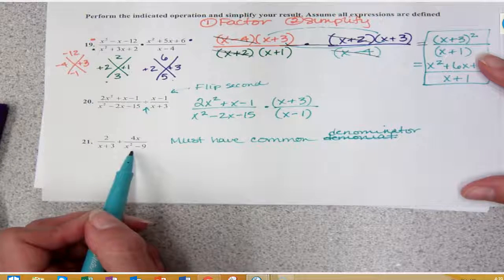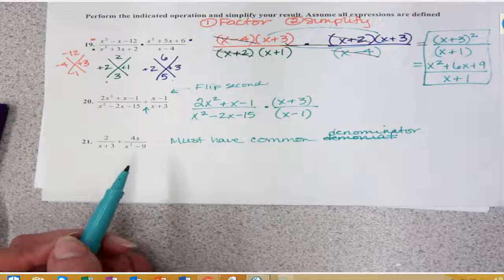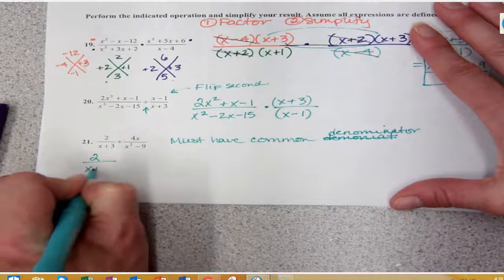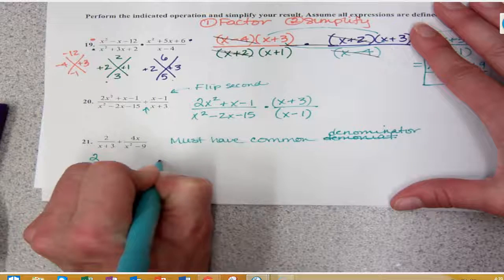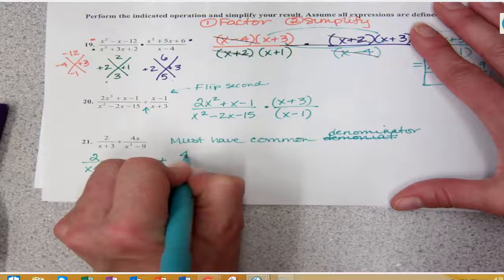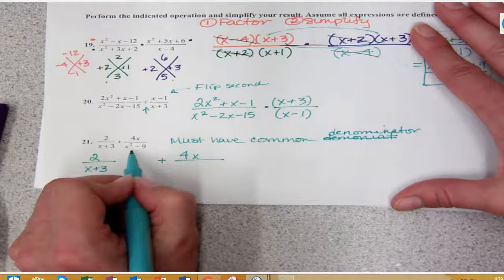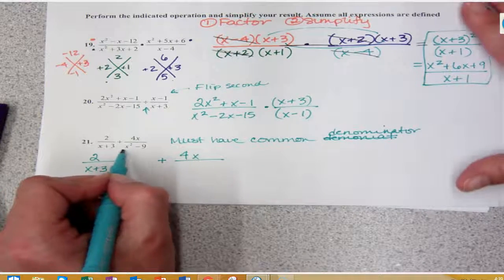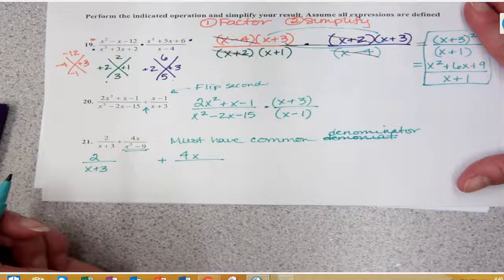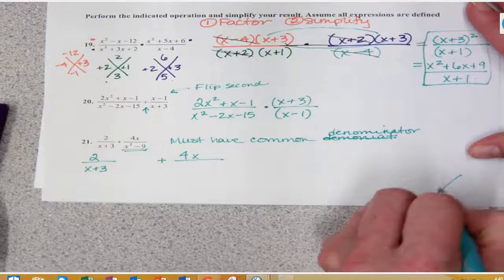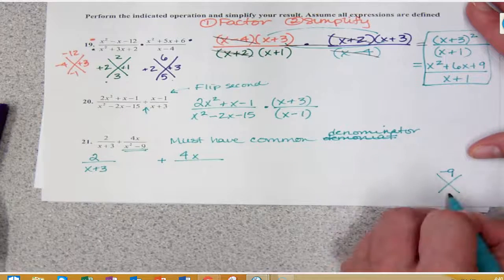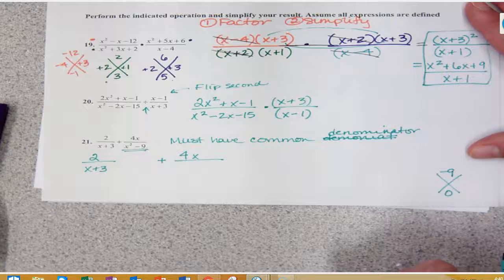So x squared minus 9, I can rewrite this as 2 over x plus 3 plus 4x, and I'm going to factor this out. If you want to do it the long way, you're going to say, what two numbers multiply to give me negative 9 and add to give me 0?